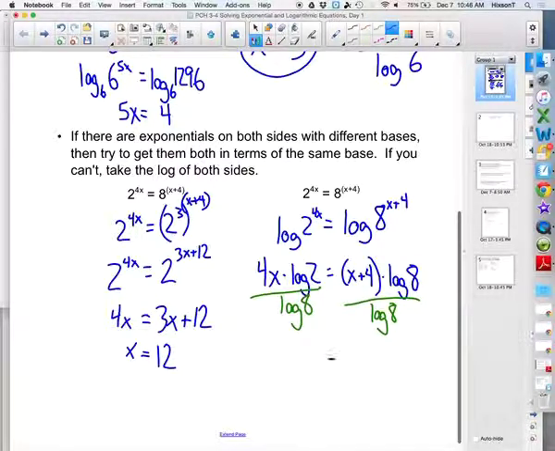This, if I remember correctly, would come out to x plus 4 equals 1 1/3 x. Is that right? 4 times the log of 2 divided by log of 8.